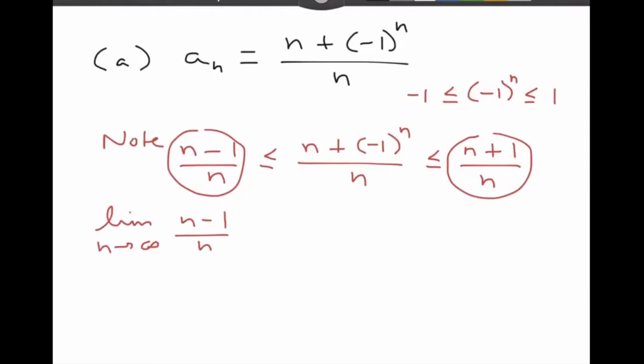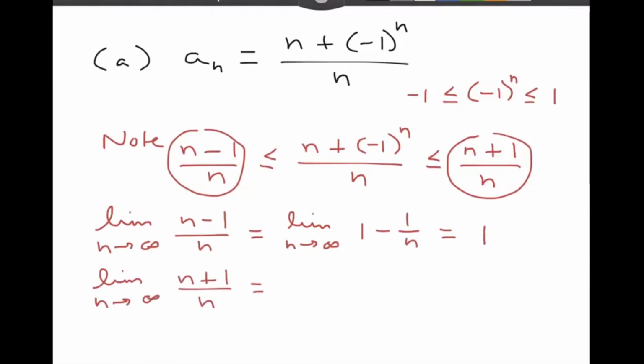That is really not necessary because you can just rewrite this as 1 minus 1 over n, right? Just by breaking it up into two fractions. So as n increases without bound, that gets closer and closer to 1 because 1 over n is approaching 0. The limit as n approaches infinity of n plus 1 over n.